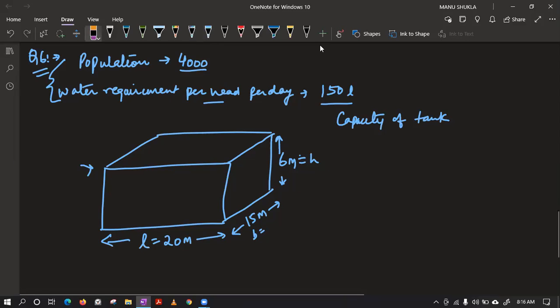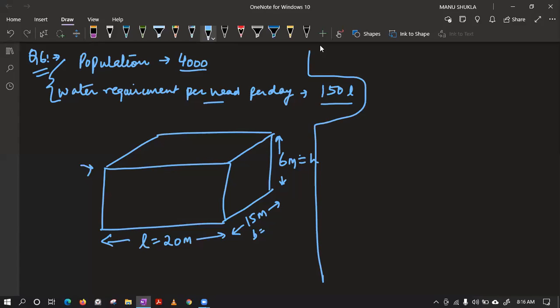First we need to find the per day consumption of 4,000 people, because we have to find the number of days. First we will find the per day consumption. This 150 liter is consumed by one person in one day. So we have to find the water requirement.